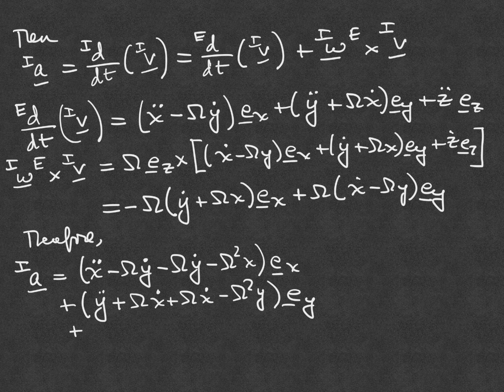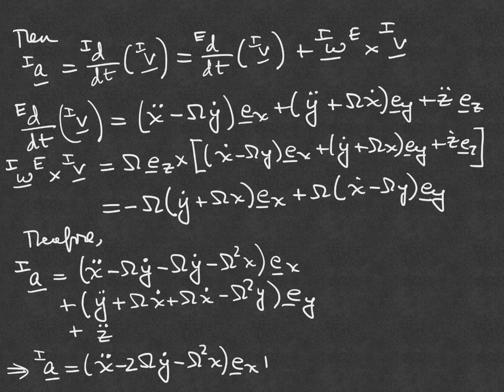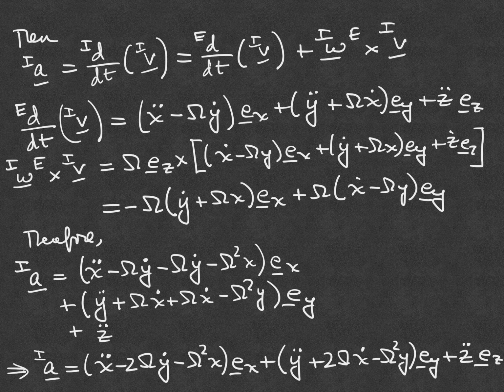And then the third term is just z double dot. So this implies that the inertial acceleration is equal to x double dot minus 2 omega y dot minus omega squared x EX plus y double dot plus 2 omega x dot minus omega squared y times EY plus z double dot EZ.